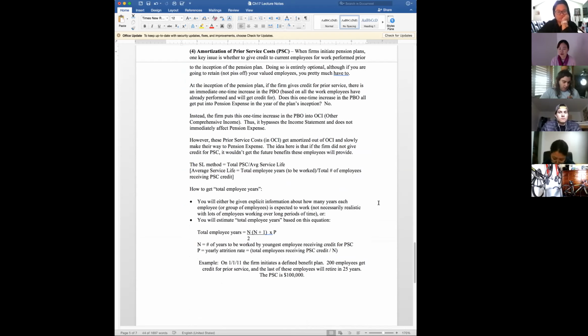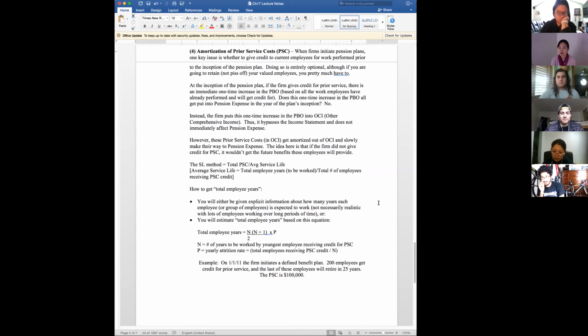For example, if you start the plan in year 5 of your business, what do you do with the past 4 years of service that employees have contributed to the company? If you ignore those 4 years, then your employees will not be happy because that reduces how much they can get paid toward their retirement.